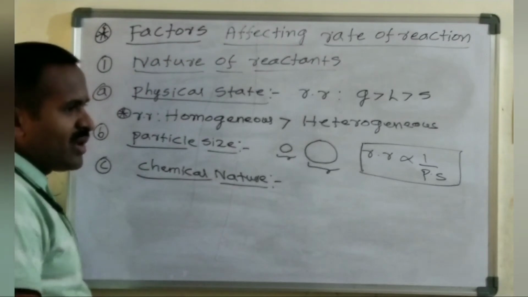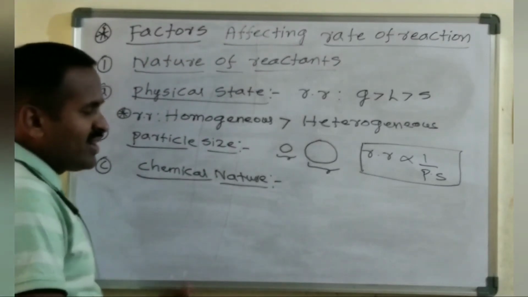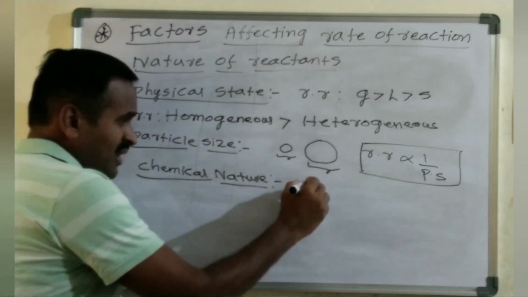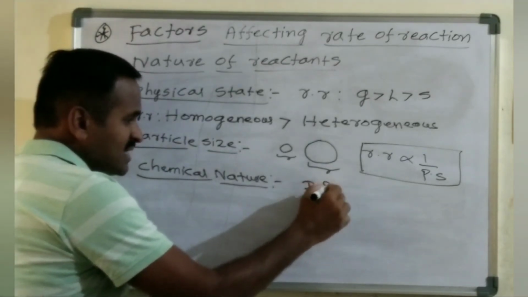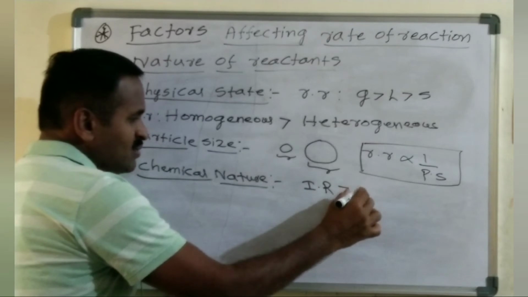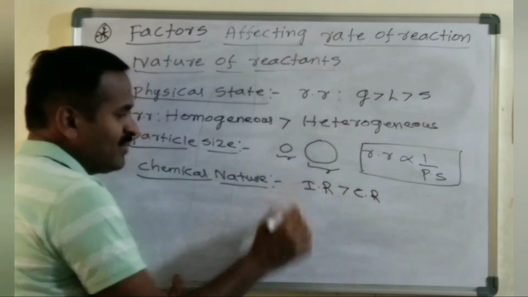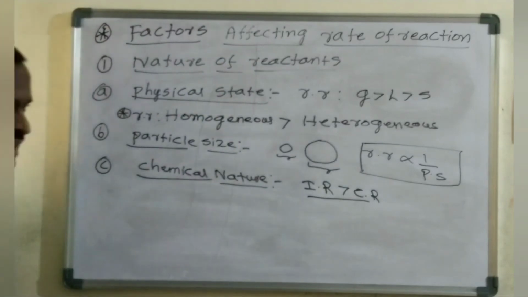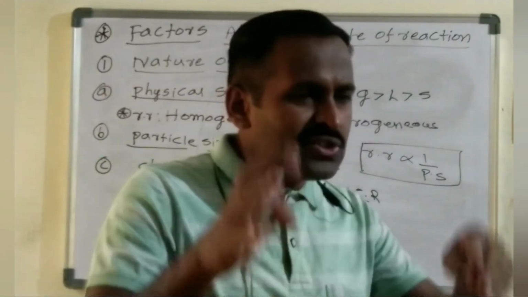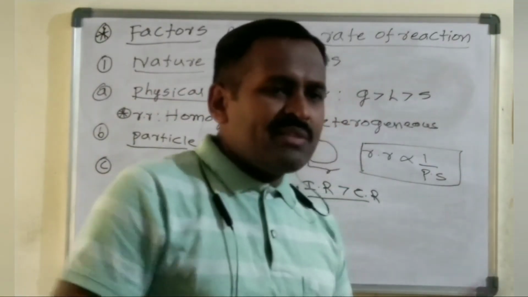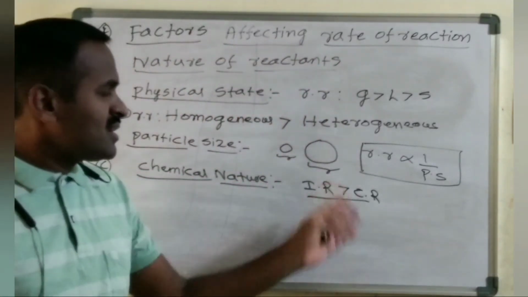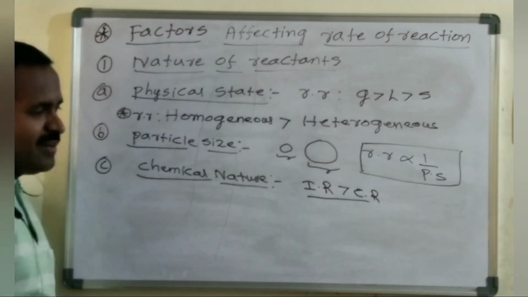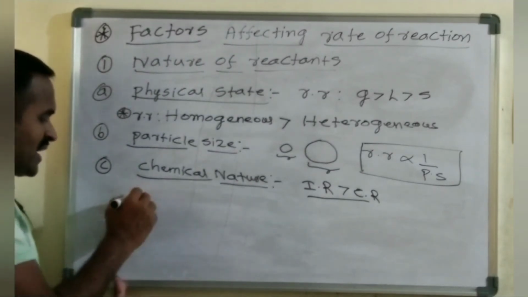Generally we found that the rate of reaction of ionic reactions is more compared with covalent reactions. This is a general sequence. Why? Because ionic compounds easily split into ions and make more collisions, and definitely the rate of reaction is going to be more compared with covalent reactions.